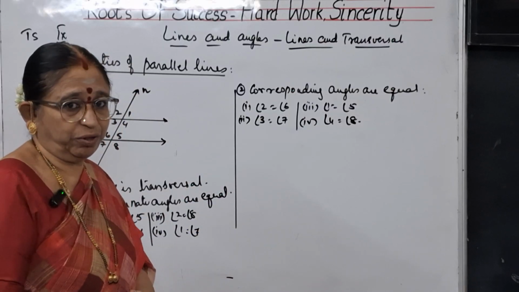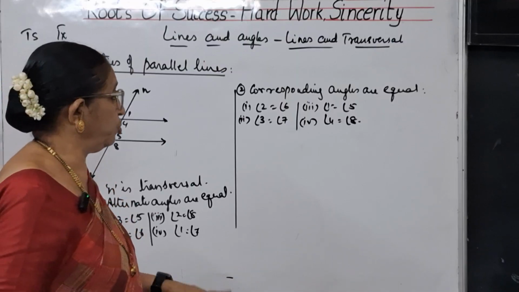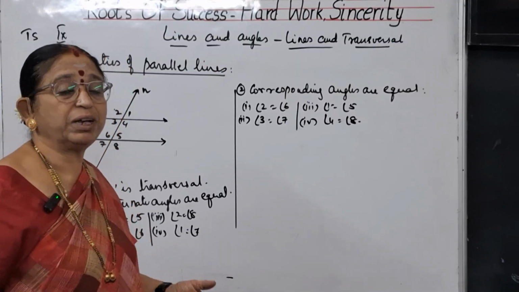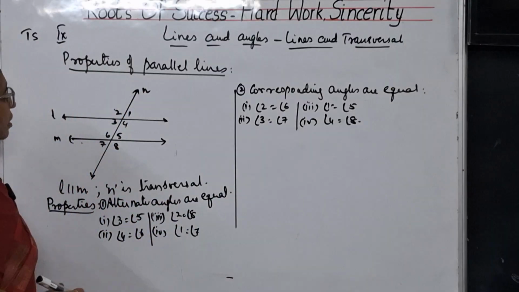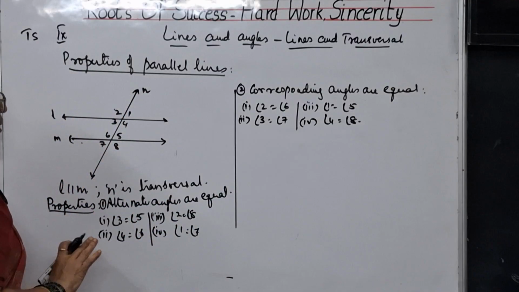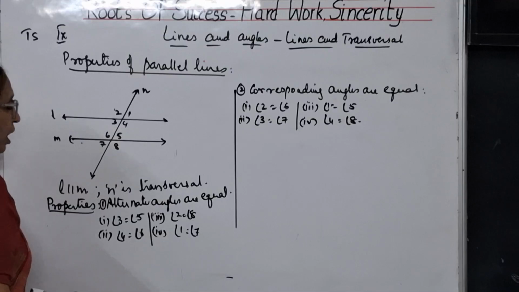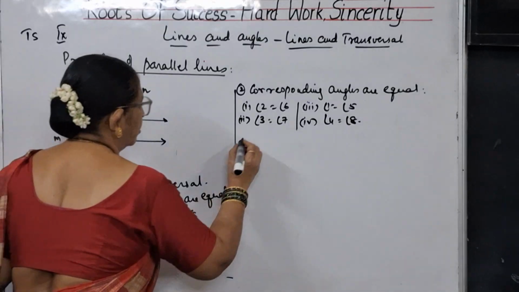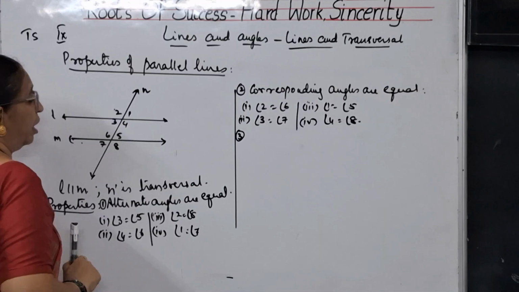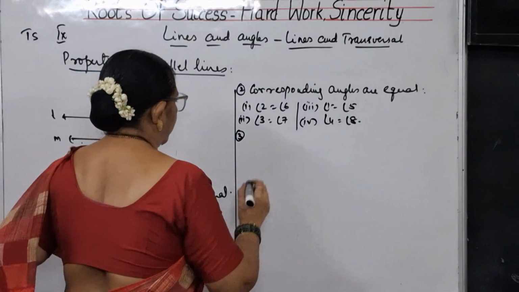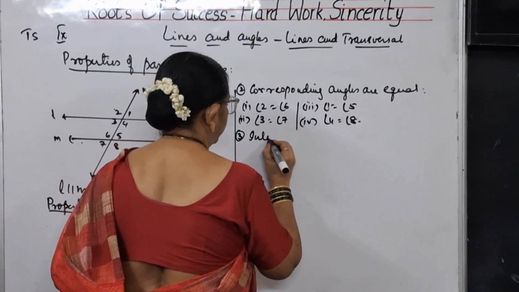Maybe you have come to ninth class, so you should know it, but as a recollection I am explaining it once again. So corresponding angles are equal, I have done. The third one is interior angles on the same side are supplementary.